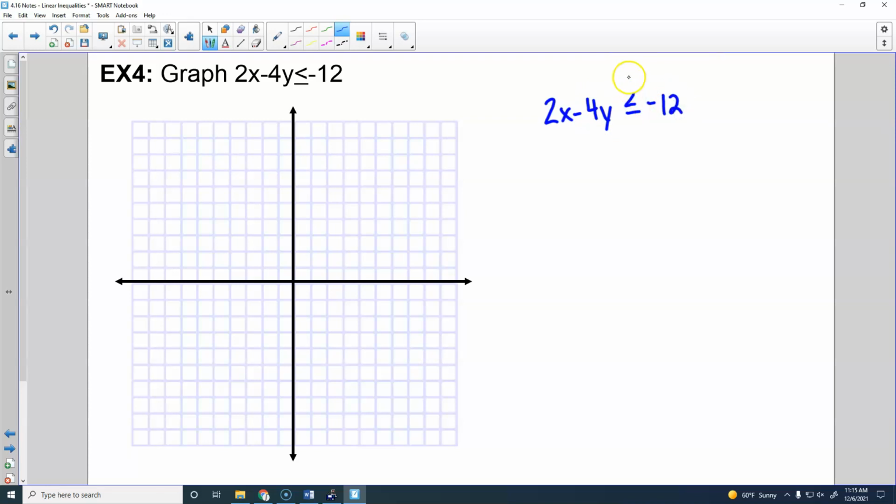Zane, what would I do to solve that for y? Good. So I got negative 4y is less than or equal to negative 12 minus 2x. Good. Then what would I need to do, Zane?